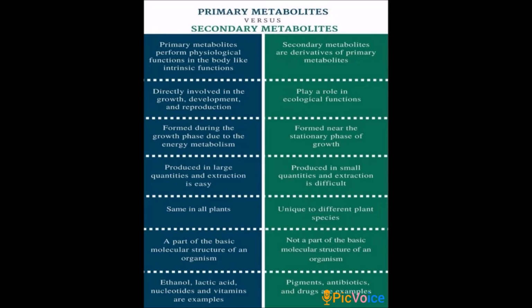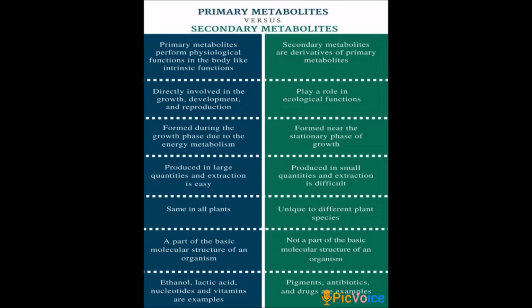Primary metabolites are produced in large quantities and extraction, taking the molecule out of the plant, is very easy. Whereas secondary metabolites are produced in very small quantities and it is very difficult to extract the component from the plant.